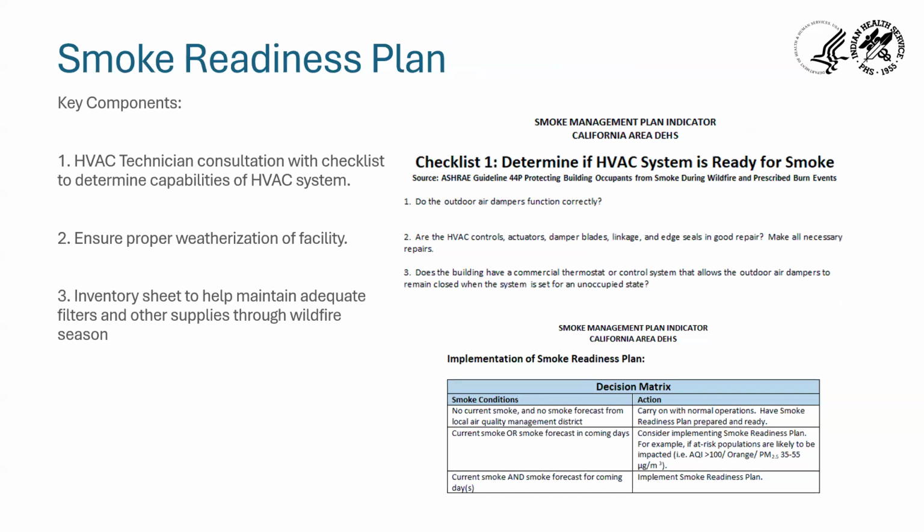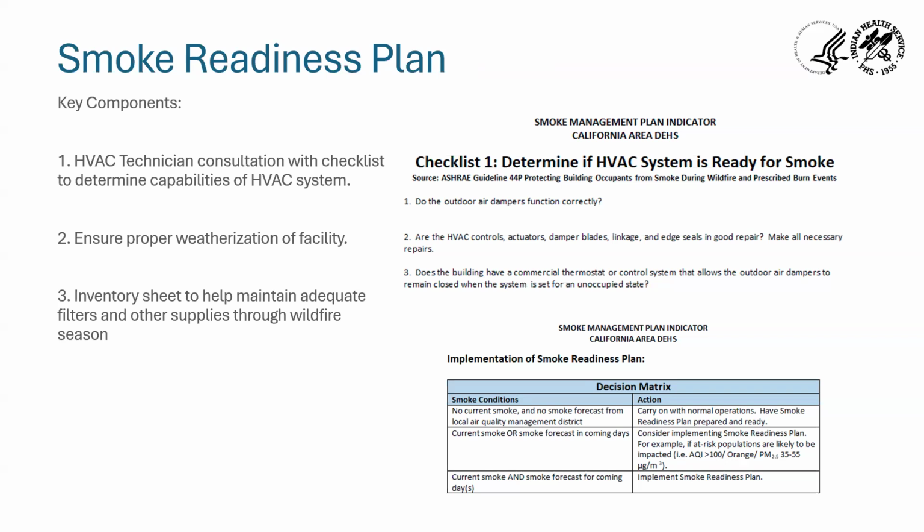Your system capabilities for your HVAC. Checklist one is used by an HVAC technician to determine your system capabilities, such as what MERV rating your system can handle, and settings for reducing outdoor air infiltration, such as maintaining positive building pressure, and things like that. That's part of what it looks like; I just took a section off of it.